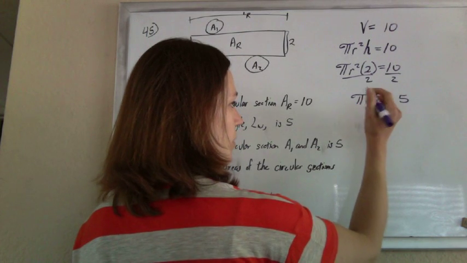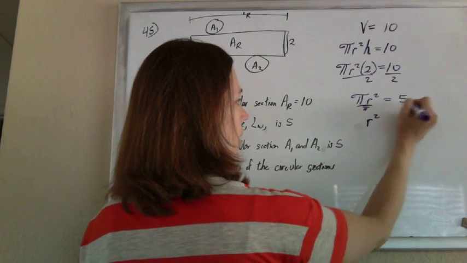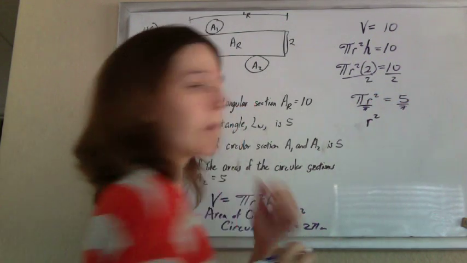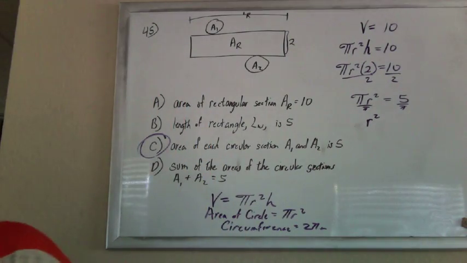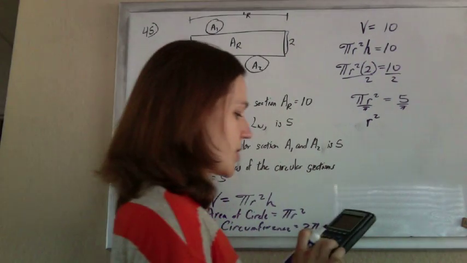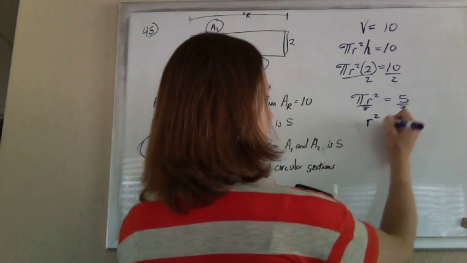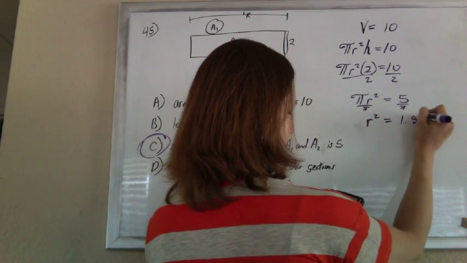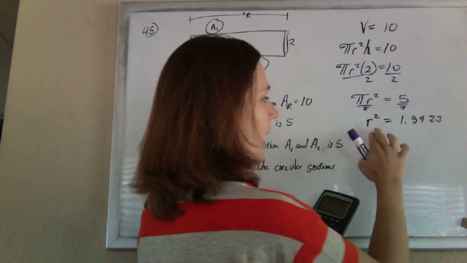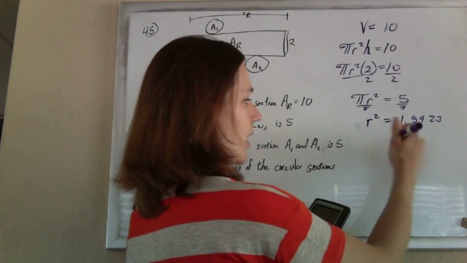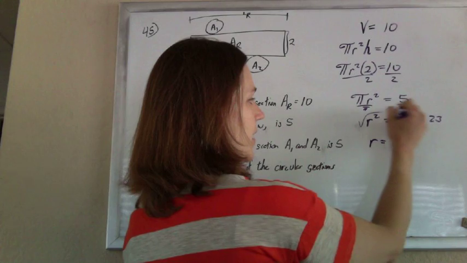Right now the r squared is being multiplied by pi, so we can undo it by dividing by pi. Let me just take my calculator and divide. I'll just round pi to 3.14, so 5 divided by 3.14 is 1.5923.